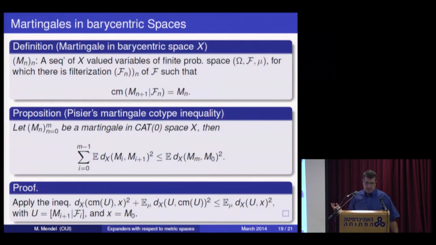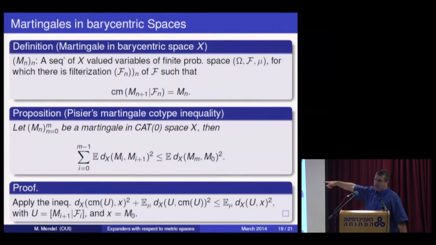This is the regular definition of martingale. In cat-zero, it's unique. Yes, but you can define barycenters very abstractly. It's abstract nonsense, in this sense. I just define Mn to be the center of mass of Mn plus 1 with respect to Fn.